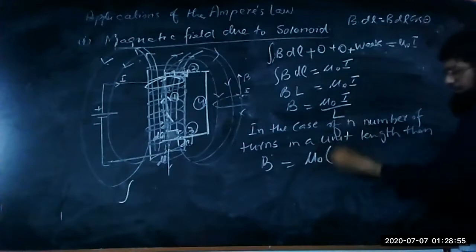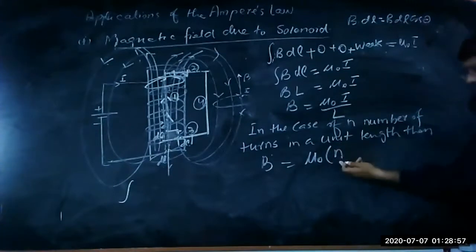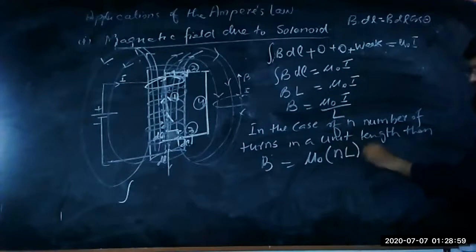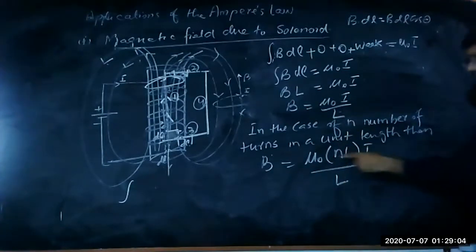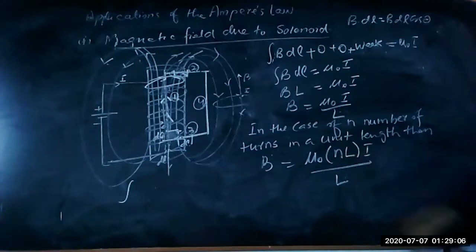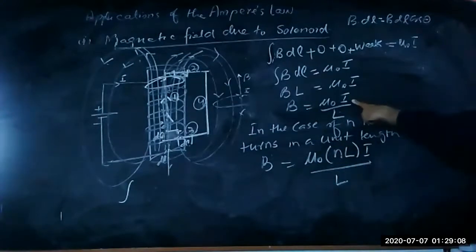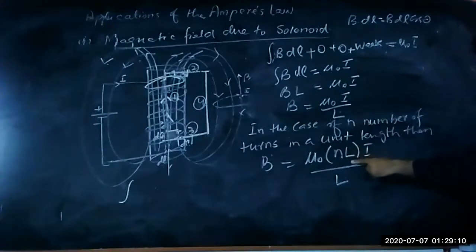This I can be written as n number of turns in a unit length into I upon this L. This NL is the number of turns in a unit length. It means now this is the magnetic field in one turn. This is the magnetic field in the n number of turns.